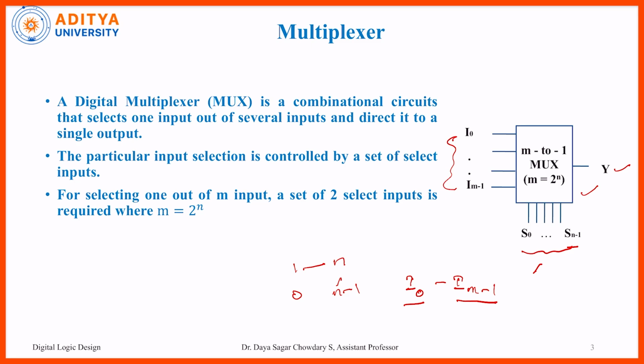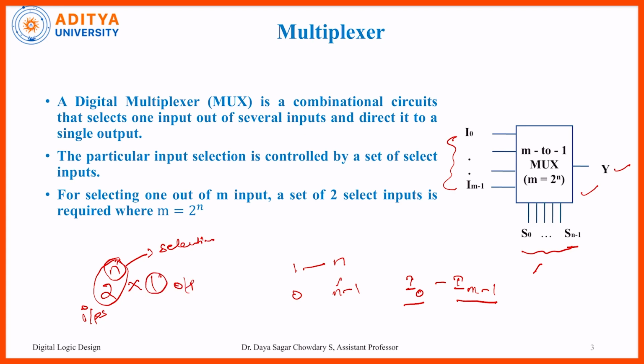The representation is 2 to the power of n multiplied by 1, so 2 to the power of n is the inputs, n is the number of selection lines, and the output is only 1.